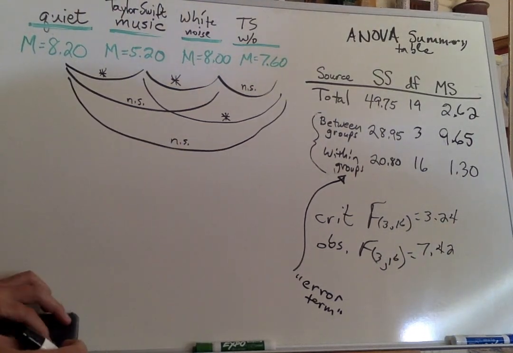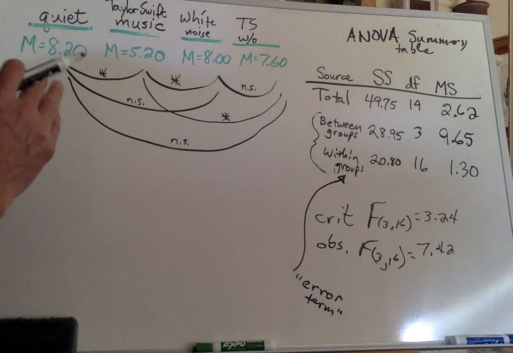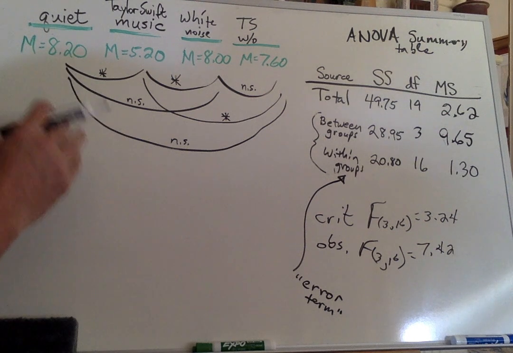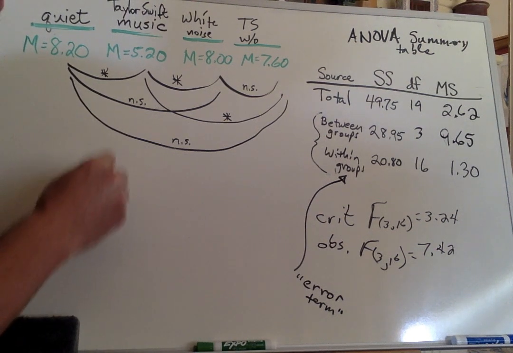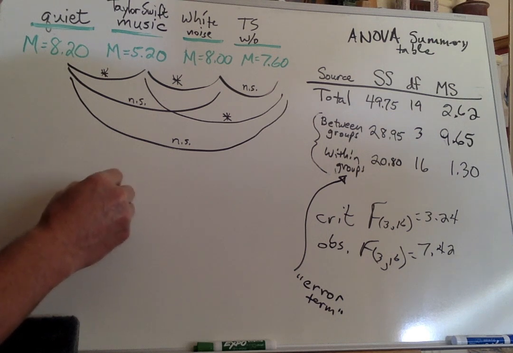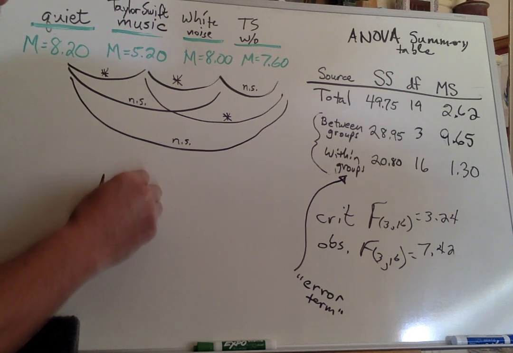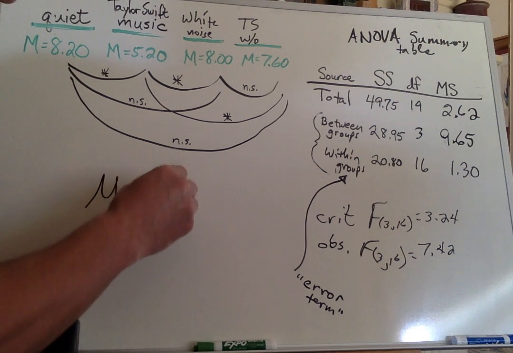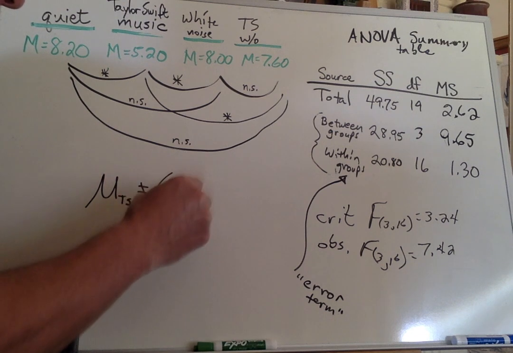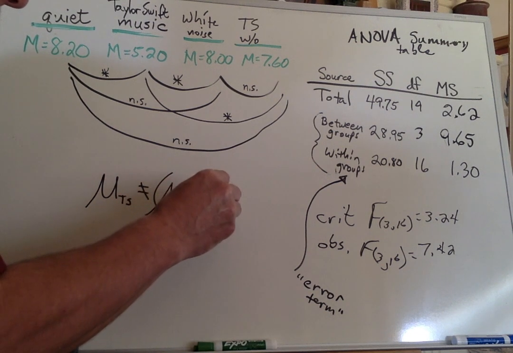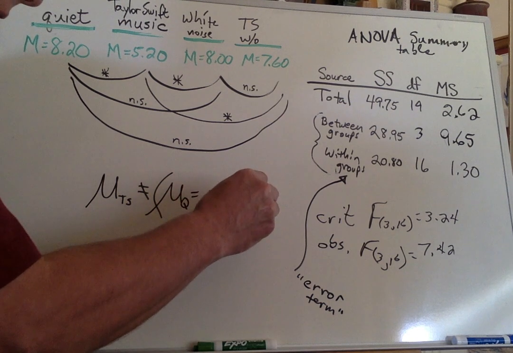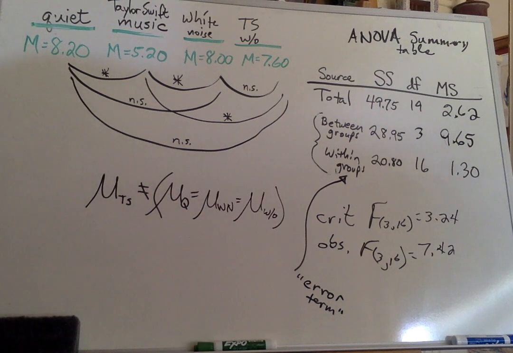So we rejected the null. What it looks like to me for this data set is that the Taylor Swift group is different from the other three, and the other three are not different from each other. Okay?